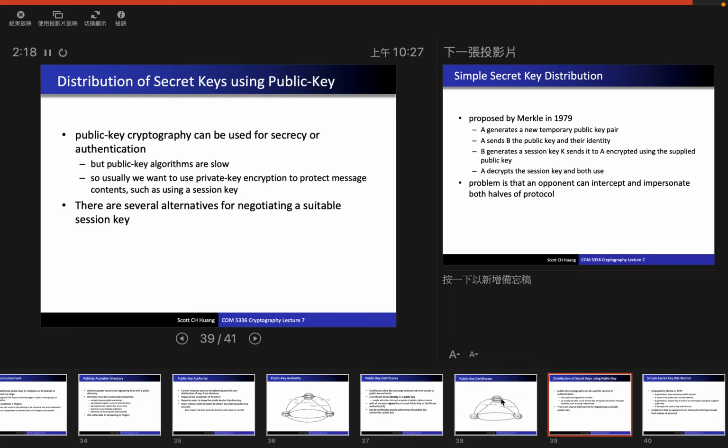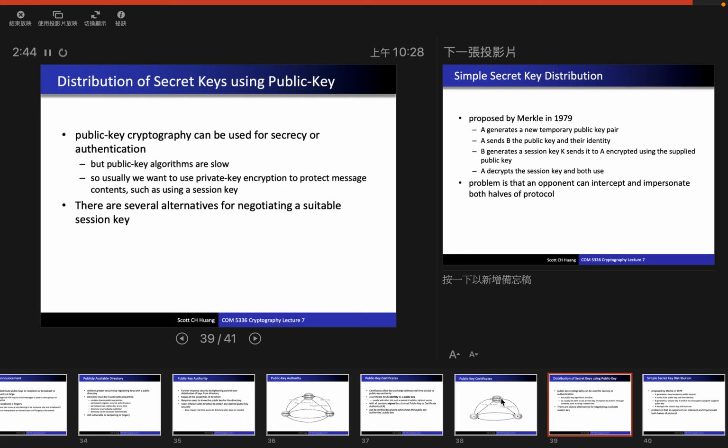Distribution of secret keys using public keys. This is very often used because public key algorithms are slow. So most likely, instead of using public key algorithms to encrypt, we use public key cryptography for key exchange and digital signatures.